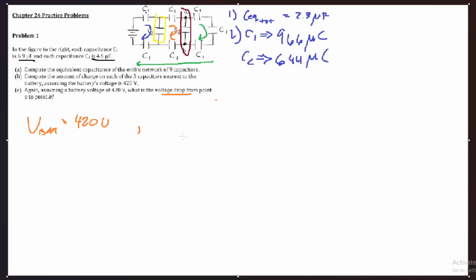So from point A to point B, let's actually redraw. So we have A, we have B, and then we have C1, C2, C2, C1. And it's asking us to find the voltage drop from A to B.